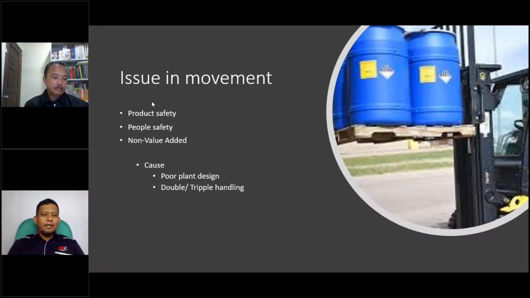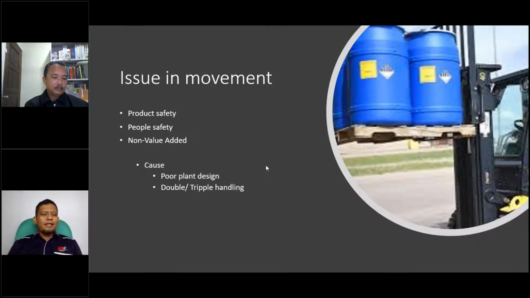And then, of course, there is people safety when handling the chemical product. There is a potential of being accidentally hit by the trucks, by the tanker. I just don't want to show some of the videos. Maybe you can download a lot of videos of forklift accidents and truck accidents while loading and unloading the finished good or the raw material.